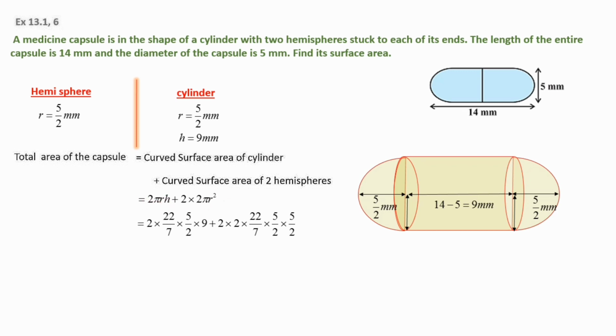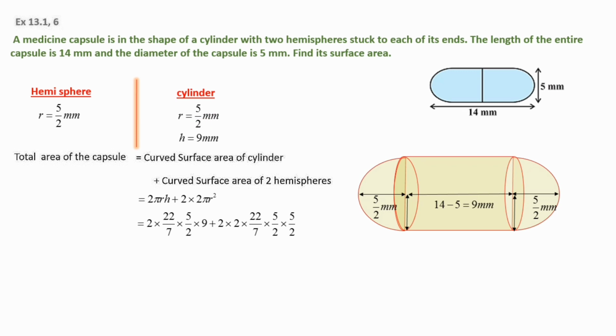So 2 into 22 by 7 into radius 5 by 2 into height 9, plus here this 2 is multiplied, 2 into again 2 pi r square, 2 into pi is 22 by 7 into radius 5 by 2, so 5 by 2 into 5 by 2.